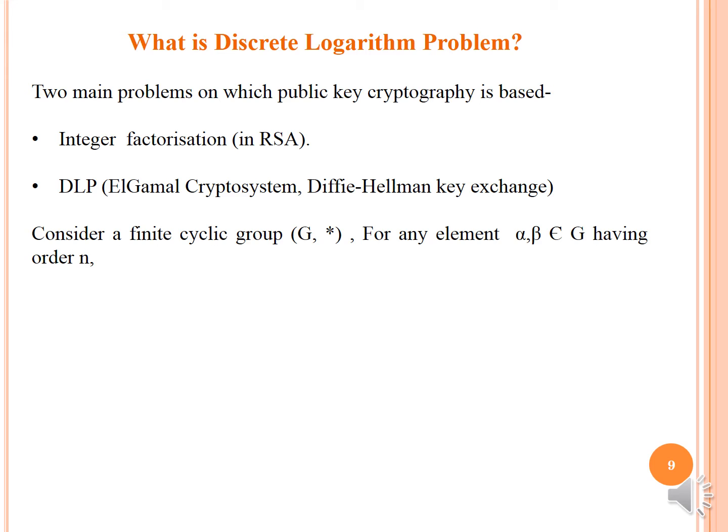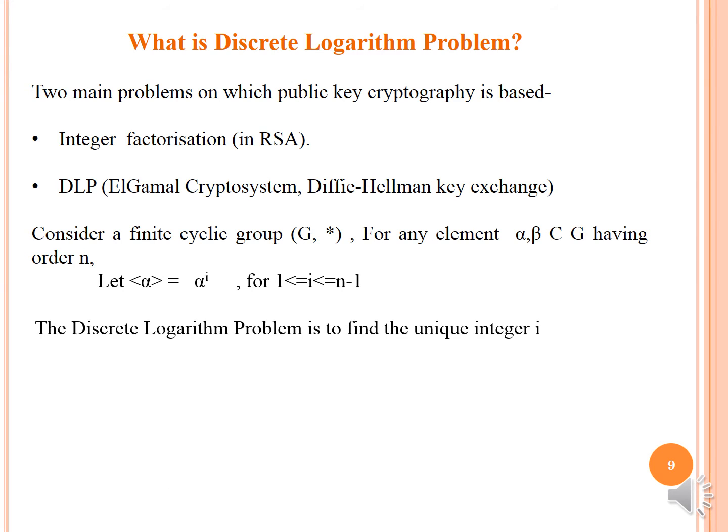So what is the discrete log? Let's consider a finite cyclic group G. For any elements alpha and beta belonging to G having order n, if alpha is a generator, then alpha^i, where i belongs to 1 to n minus 1, gives the elements of the group. The discrete log problem is to find the unique integer i such that alpha^i equals beta.